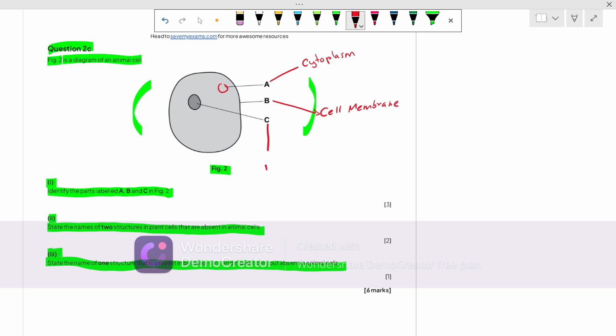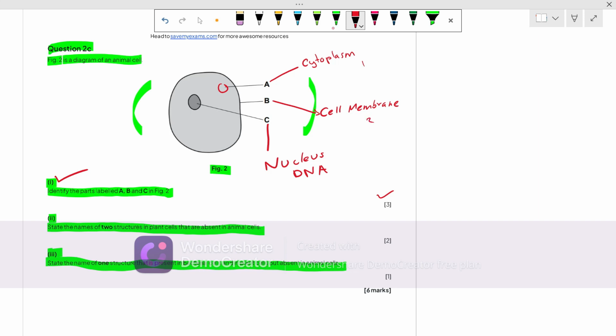C is the nucleus. It's like the brain of the cell, which controls most of its activities and contains DNA, deoxyribonucleic acid. So this is done. 3 marks.